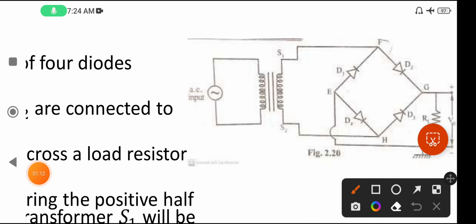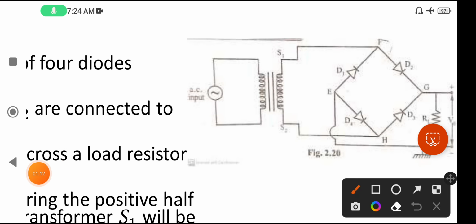See here in the diagram. So here it is the load resistor. S1 is connected here to F, S2 is connected to H, but E and G are both connected to what? To the load. At the load only we take the output.